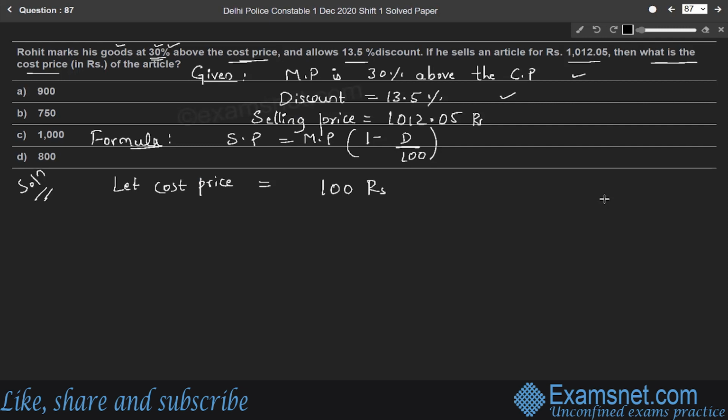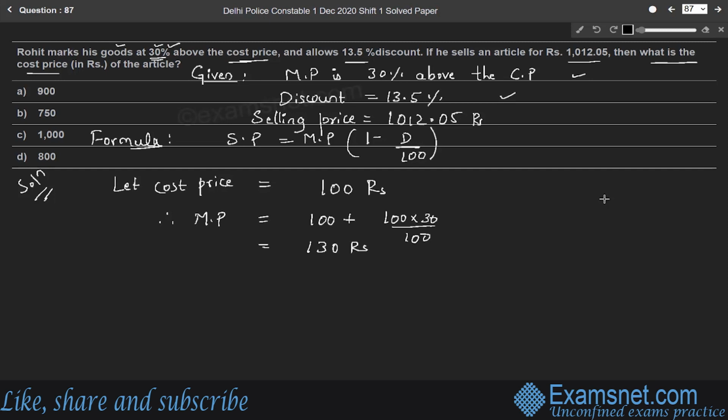Since percentage is given, let us assume cost price be 100 rupees. Then market price becomes, it is 30% above the cost price. So we can write it as 100 plus 100 into 30 by 100, right? So 130 rupees. Market price becomes 130 rupees.